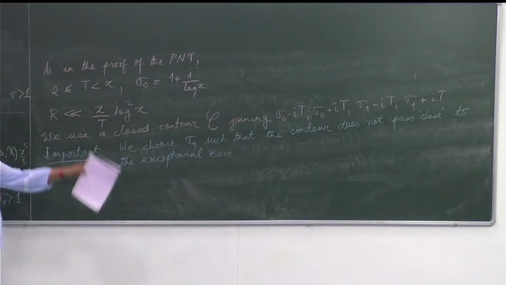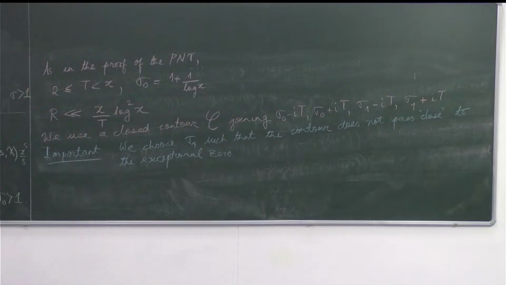When I say close, I can use the results that we talked about yesterday. Where can the exceptional 0 not be? All right, where can it not be?